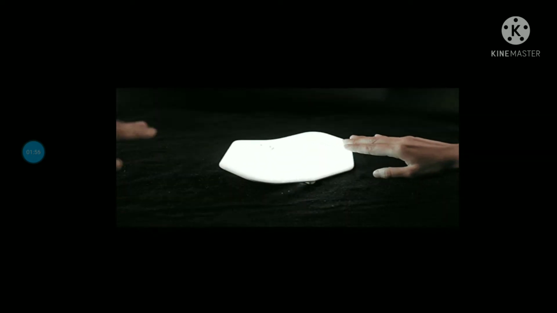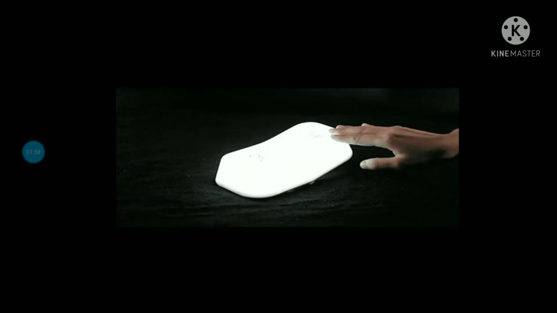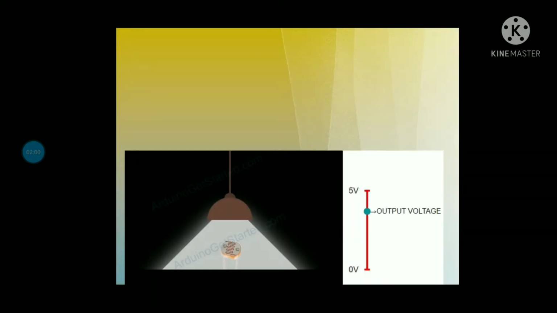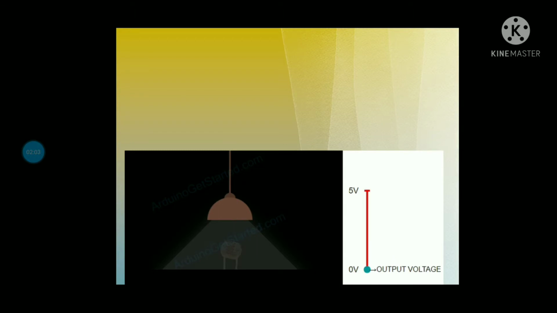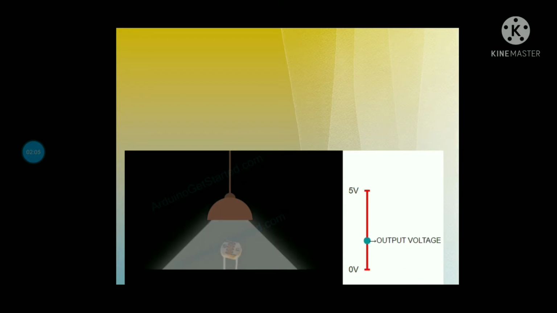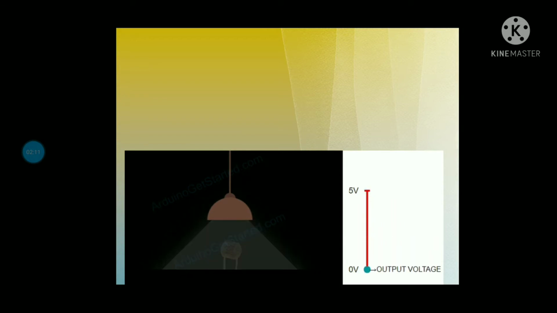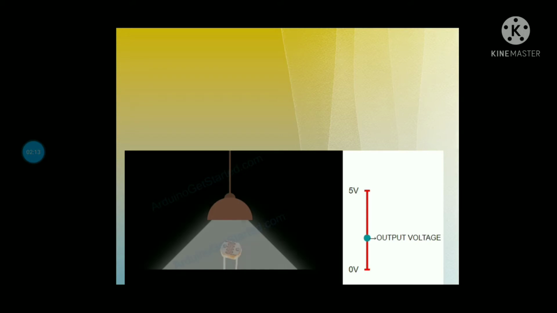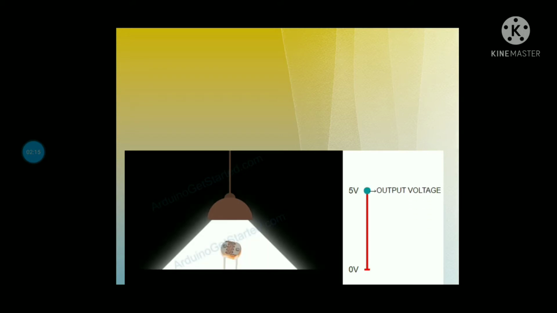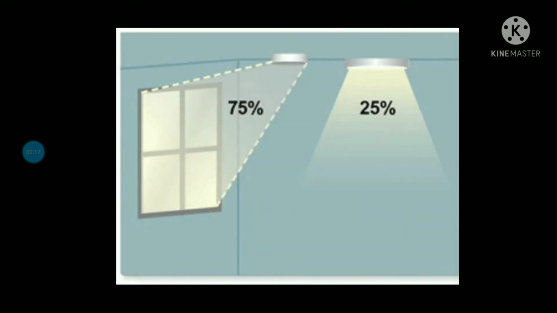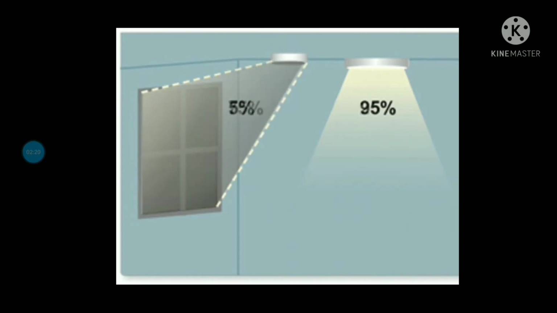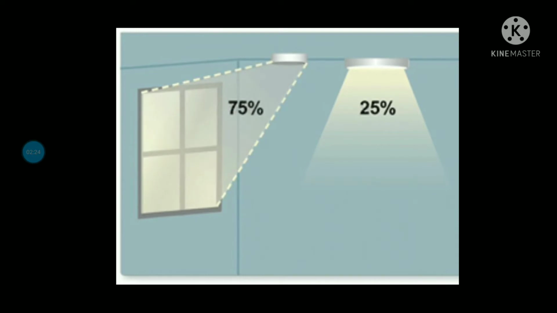So look at the screen for a second. This is a good example of a light sensor. Second one, as the intensity of the light is increasing, the output voltage is also increasing. As the intensity of the light decreases, the output voltage also decreases. Here it has been adjusted with two lights, for how much intensity you have to keep.